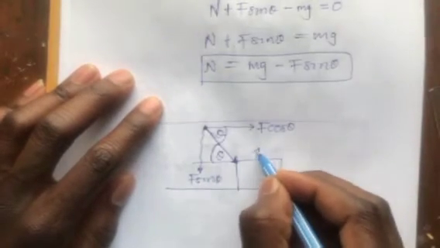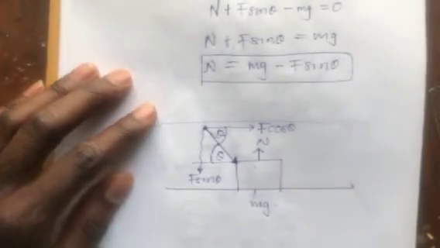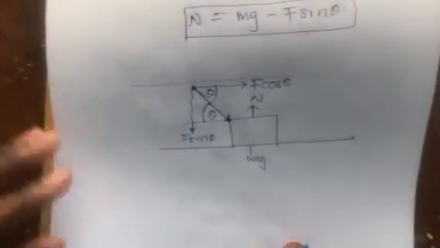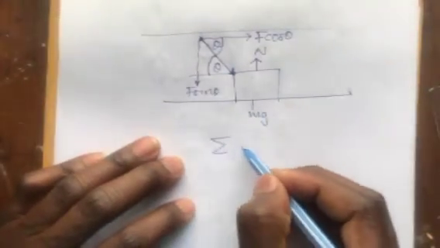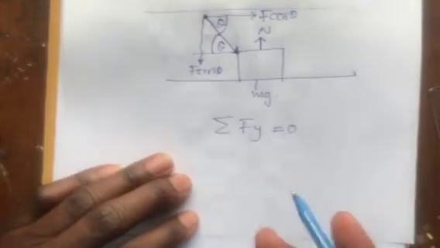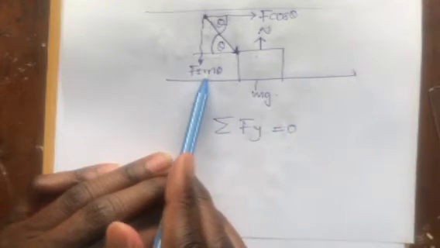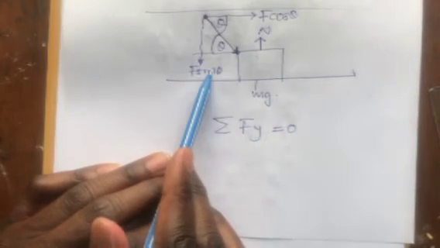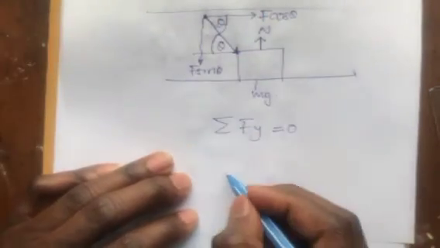meaning that the normal force is going to point like this, and the weight force here is going to point downwards. How do you consider now the same forces in the y-axis? You say the summation of forces in the y-axis must be equal to 0. So what you're going to do here, we have this and that, and also there is another component which is trying to point downwards, meaning that the summation of upward forces must be equal to the summation of downward forces.